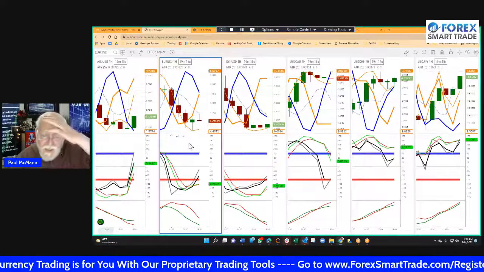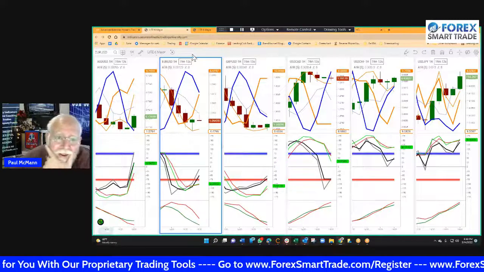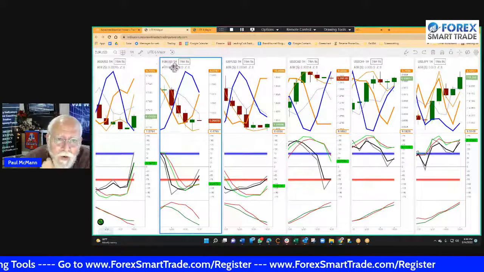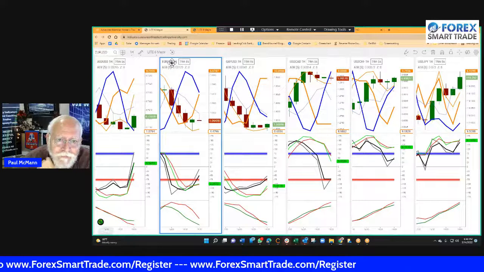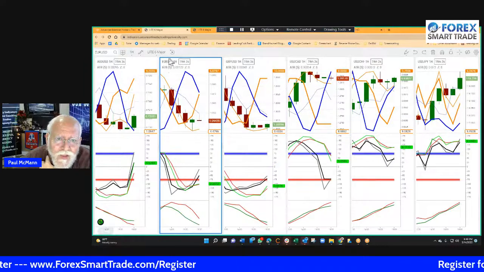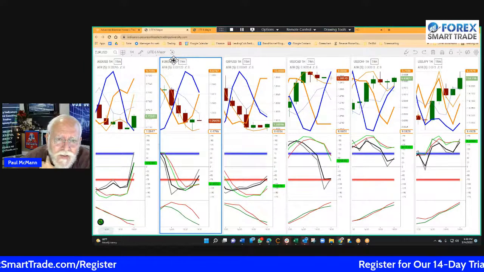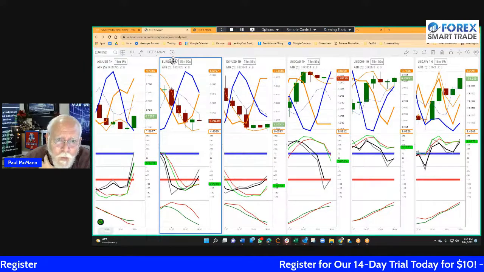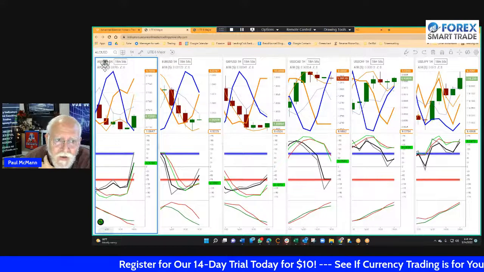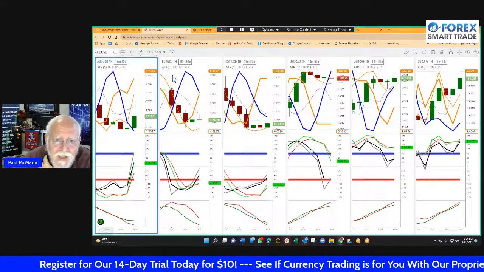Euro USD, I'm not going to trade that at this time because it's off hours for both currency pairs. It's non-prime time. I'd like to trade with at least one of the currency pairs entering morning. So here we're entering morning in Australia, even though in the US it's the end of the day.